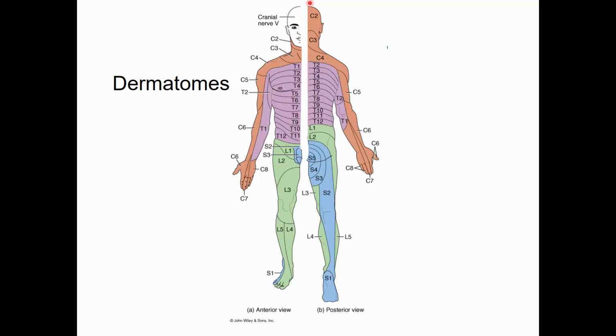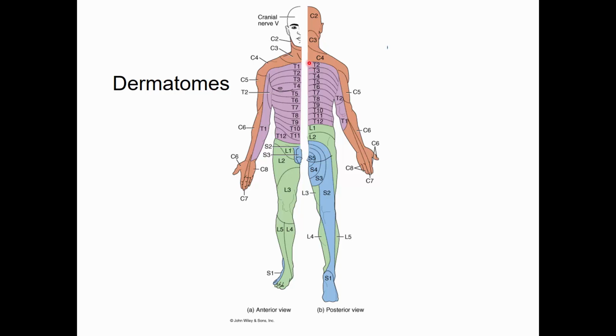So we have C2. It's hard to see C1 because not everybody's got a C1, and C1 is deep. C2, 3, 4, and 5 innervate the diaphragm. Remember, 3, 4, 5 keeps you alive.